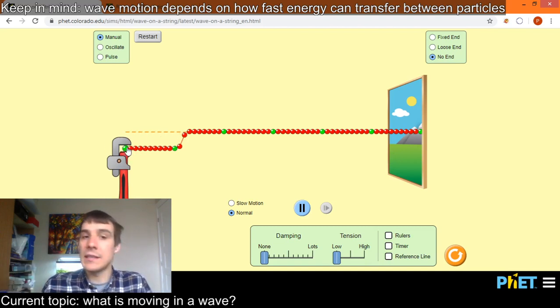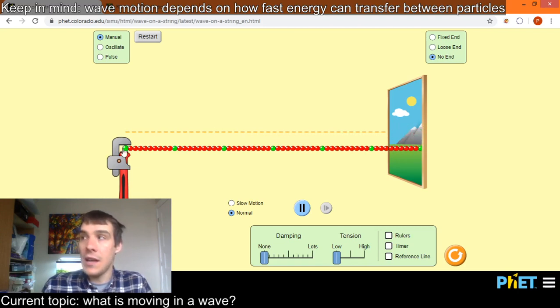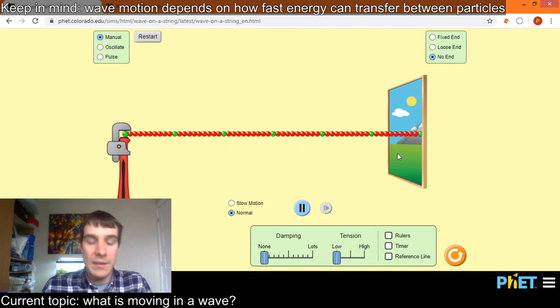This part of the wave doesn't know that it's been touched yet. Now it does. And if I move it back, over here, it sees like nothing's wrong until it gets touched. So that's kind of the general idea.